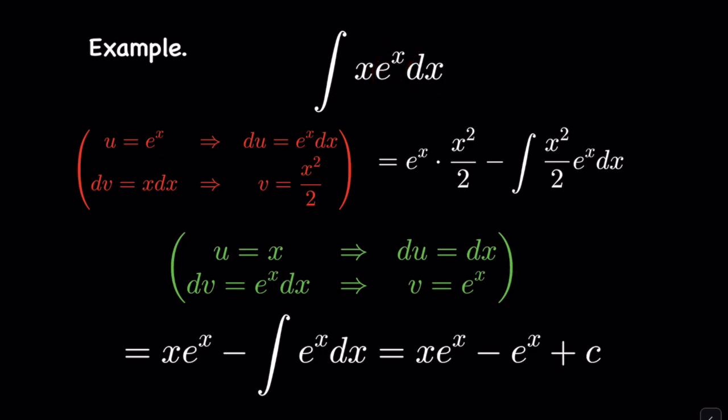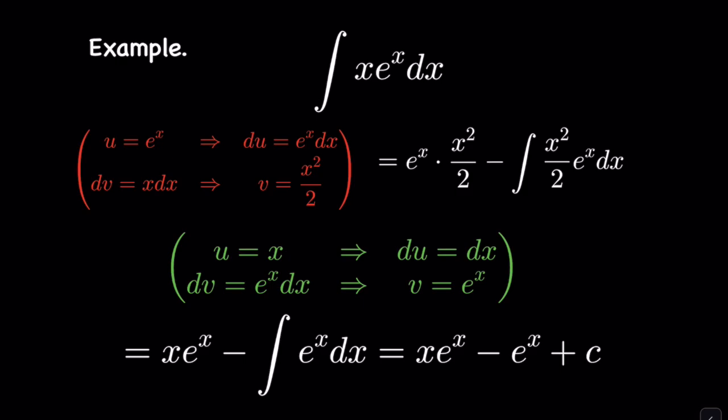The next step is to compute du and v. u is equal to e to the x, so du is the derivative of e to the x, which is e to the x times dx. dv is equal to x dx, so v is an antiderivative for x, which is x squared over 2 using the power rule.